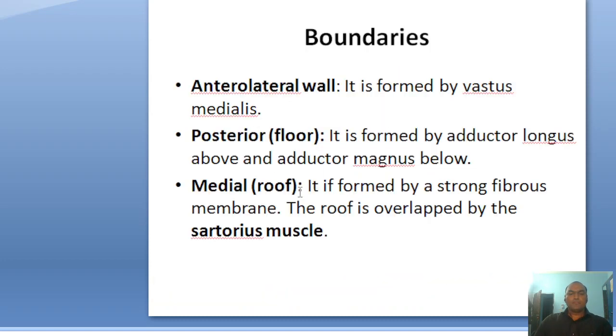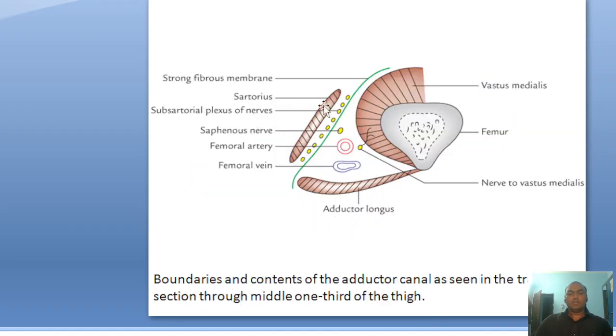The medial wall or roof is formed by a strong fibrous membrane covering the adductor canal. The roof is overlapped by an important muscle, the sartorius, covering the roof.